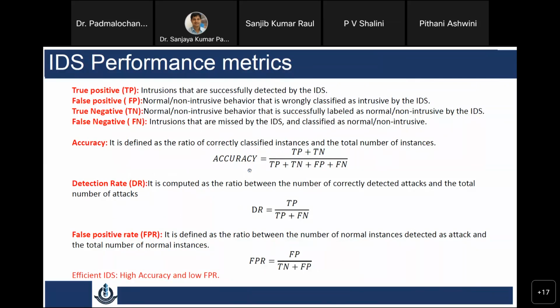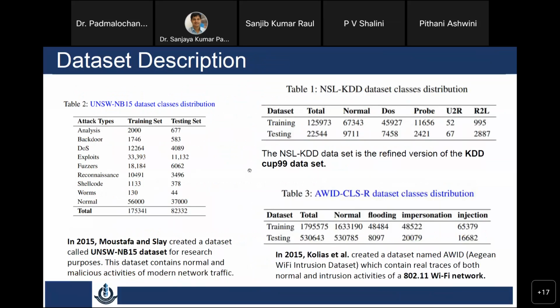And these are some datasets which are very widely used in today's research on intrusion detection systems, for analyzing your intrusion detection system, and also for training, for developing the profiling and thresholding mechanisms.